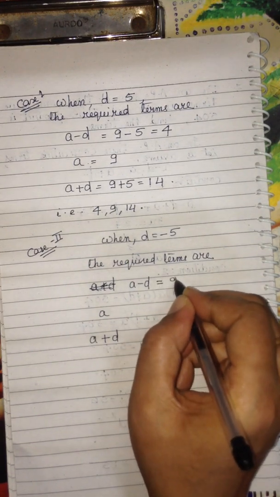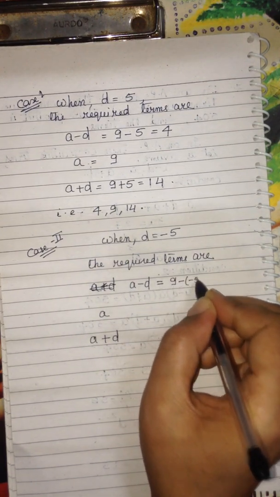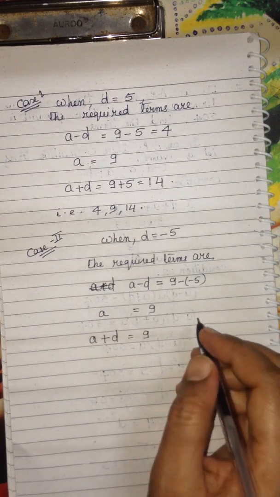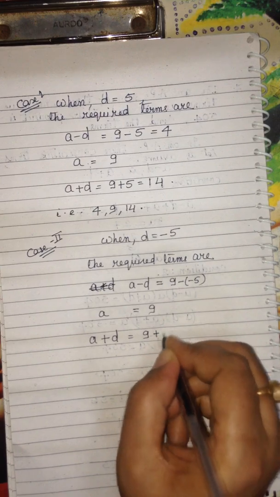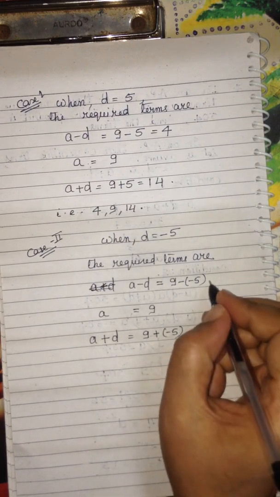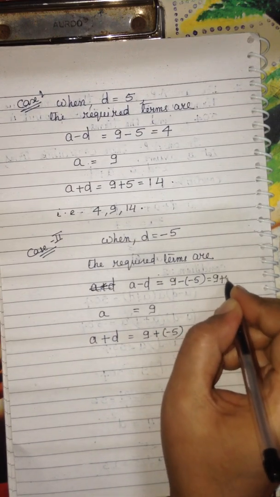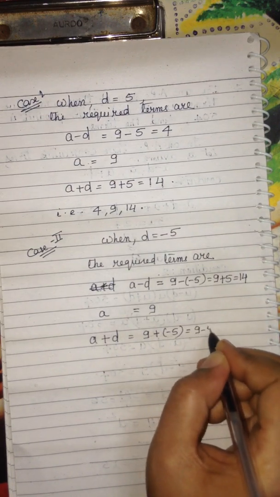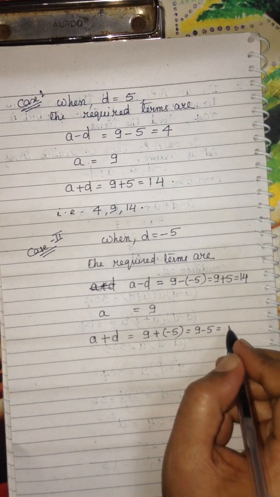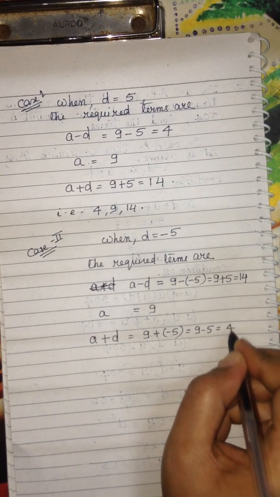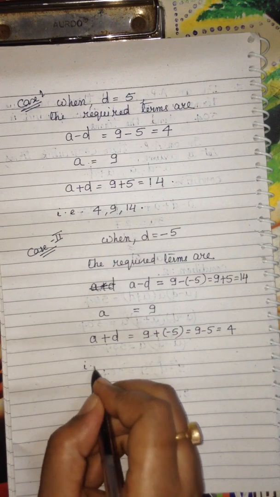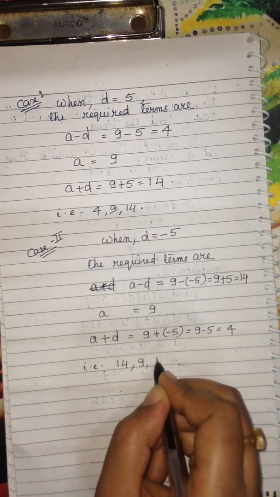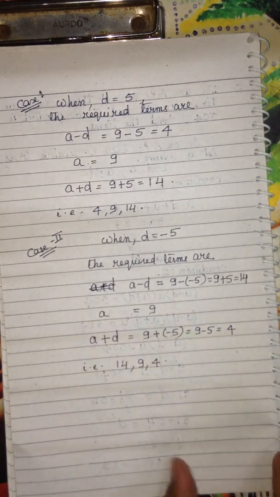In the sequence, always take a minus d first. A minus d means 9 minus of minus 5, and here 9 plus of minus 5. Solve it. 9 plus 5 gives you 14, and here 9 minus 5 gives you 4. So you have your three terms as 14, 9 and 4. So you have to show both, children.